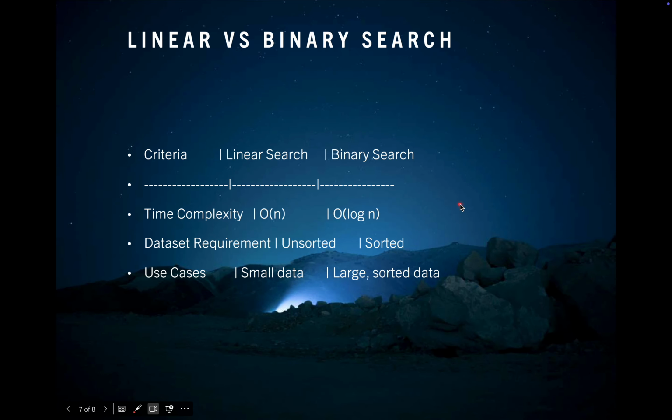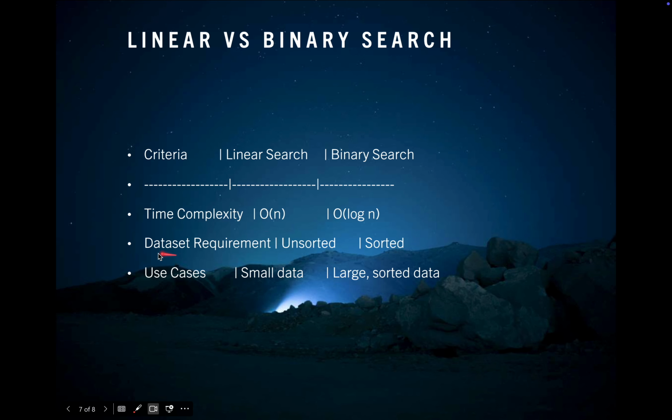So let's compare binary search and linear search. Which has better complexity? Obviously binary search has less complexity as compared to linear search, because it has O of log n.